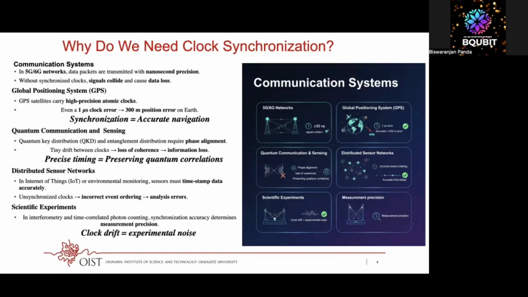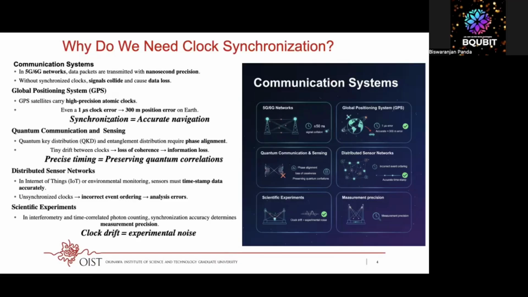The next one is the GPS system. You might have heard about GPS, the satellite-based geographical positioning system, which gives you the location. Google Maps and all those things work based on this.